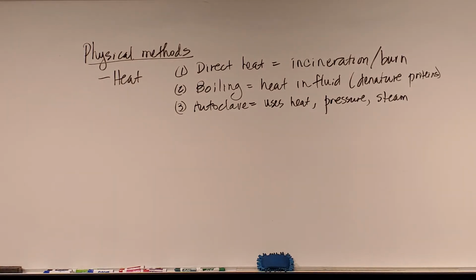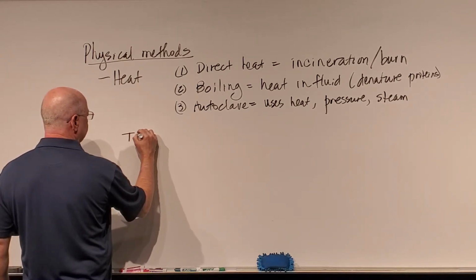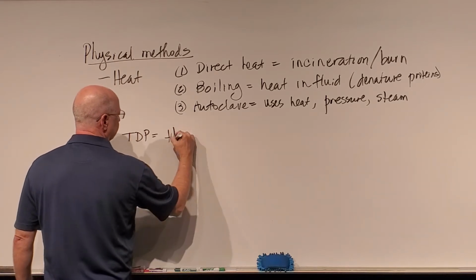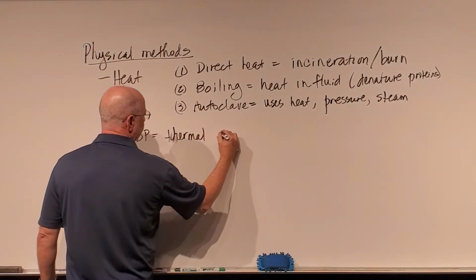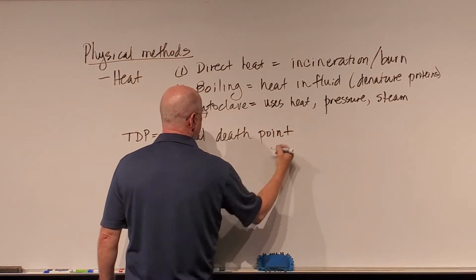Now, we can talk about things like the thermal death point and the thermal death time. And so when we talk about heat, we have to discuss things like what's called the TDP, or the thermal death point. Okay?